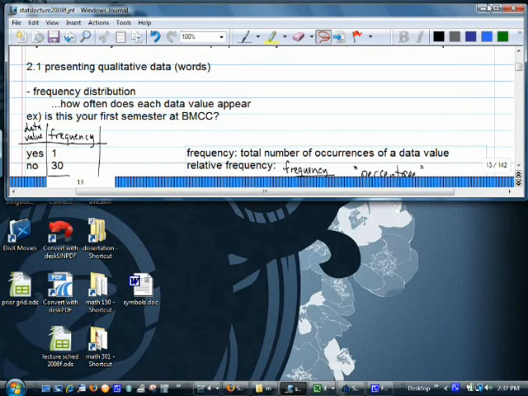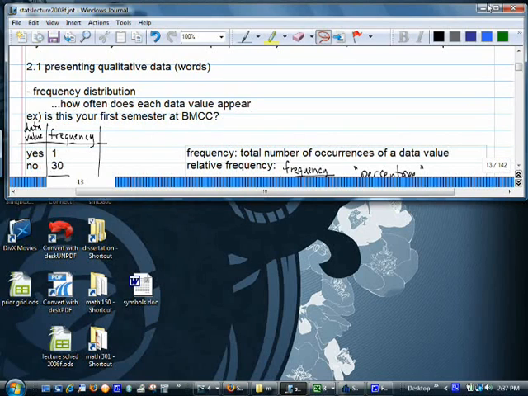So how do we capture that information? That's called a relative frequency. Because we want to know, is 30 a lot? And the way to capture that is we say 30 out of what?